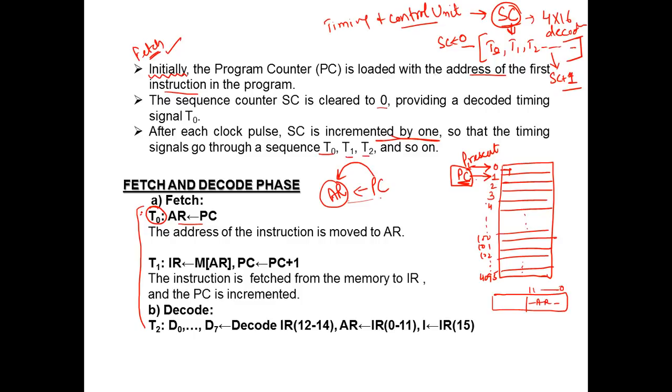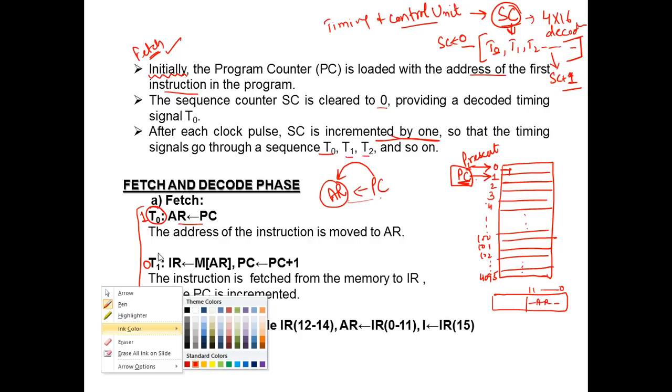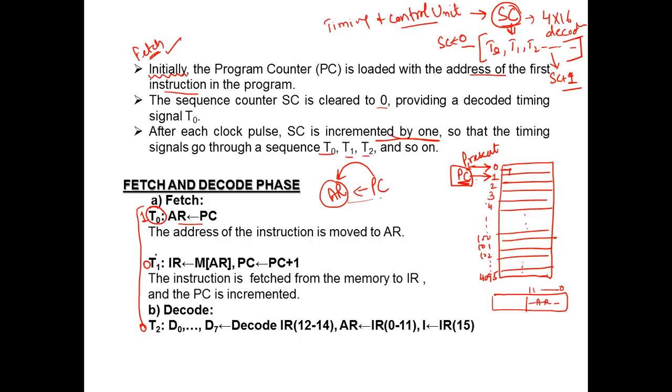When the T0 clock is active, I know that T1 would not be active, same as with T2. But whenever I activate the T1 clock pulse, then T0 will not be active, nor will T2. So the point is very much clear. Like the timing clock pulses, these are clock signals only, so at a time, only one clock pulse can be active.